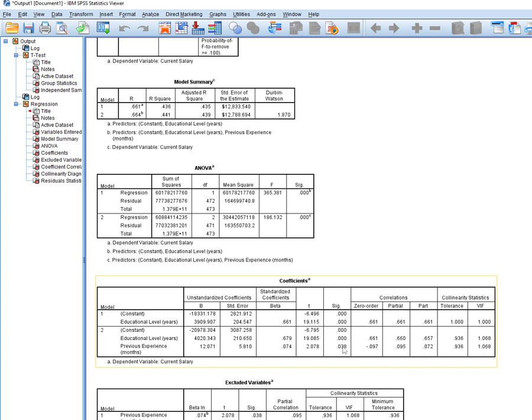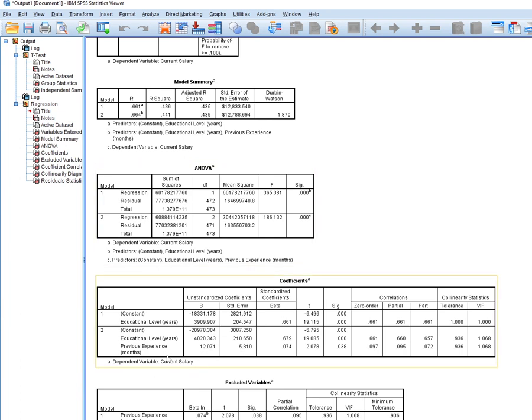The more your probability value moves towards the alpha value, which is 0.05, the weaker it is. Previous experience has 0.03, so it's moving towards 0.05, and that's why it is a weaker predictor of someone's salary compared to education, which had 0.00, which is less than 0.05.